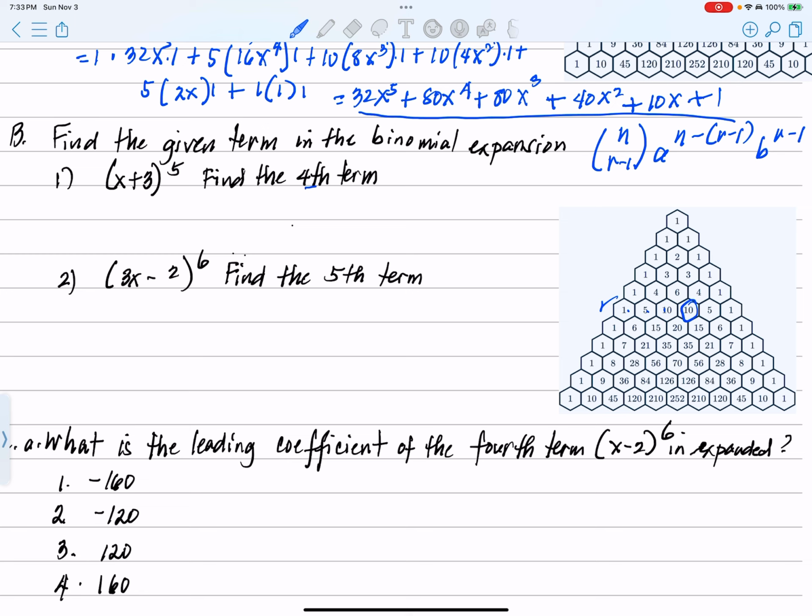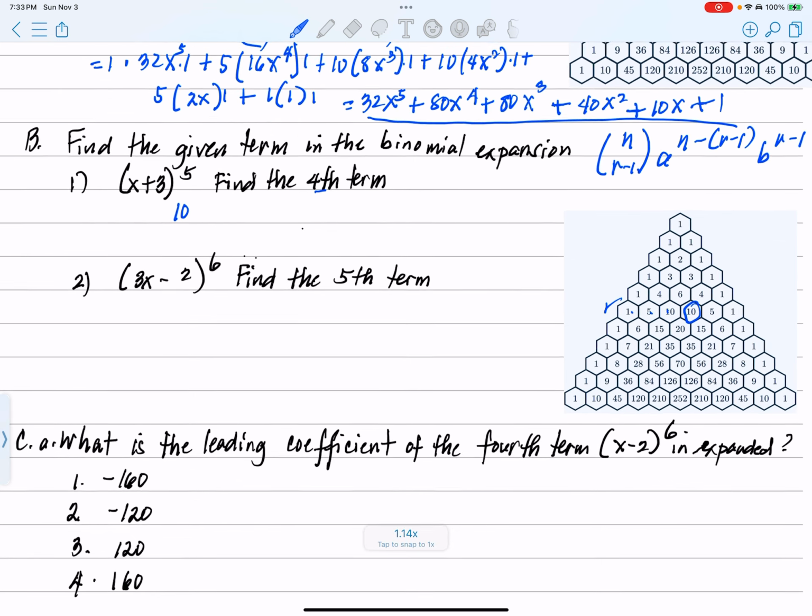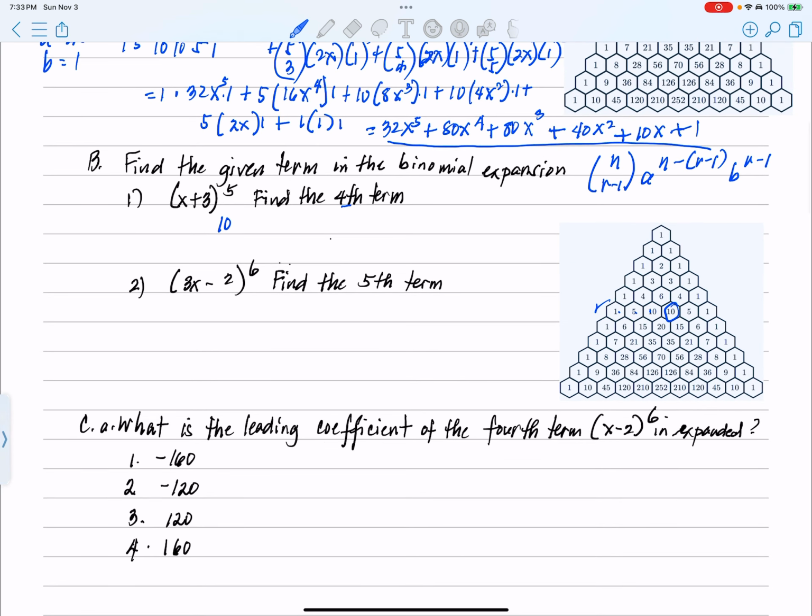So we're going to write the fourth term. r, that is 4, n is 5. Choose 4 minus 1, that is 3. So 5 choose 3, that is 0, 1, 2, 3. Okay, so 10, and then a, that is x.